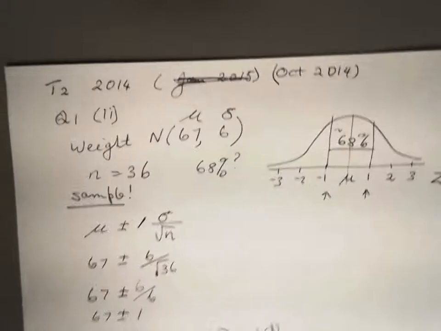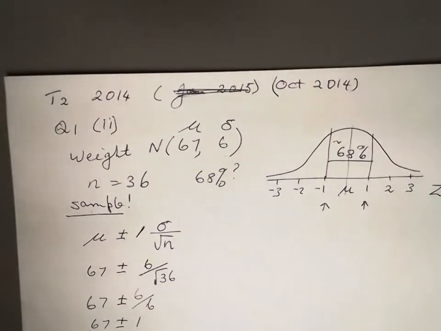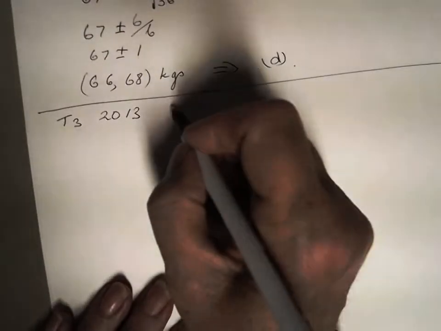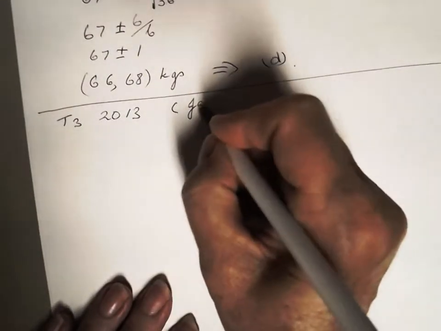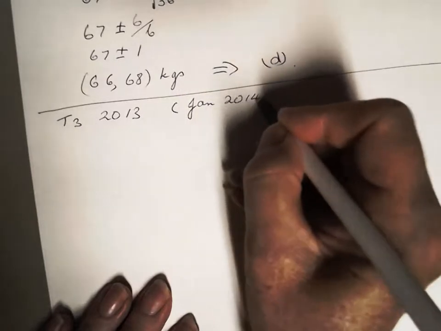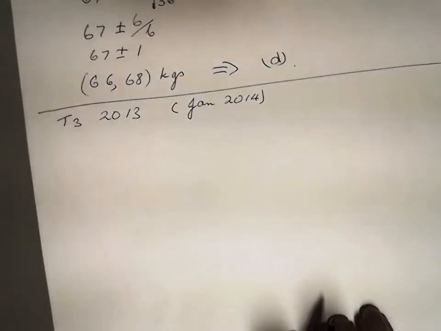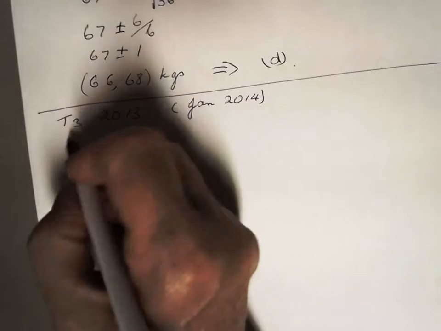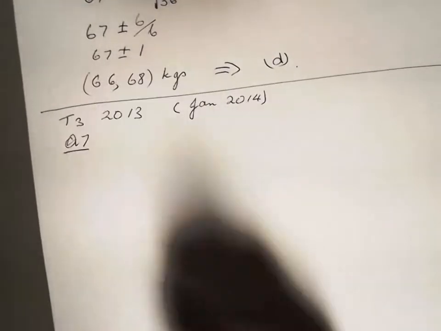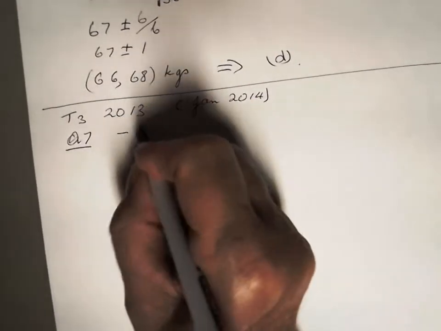I'm getting my T2s and T3s mixed up here. So the T3 paper would be in January 2014. What Ian was asking about was question 7, and this was about analysis of variance.